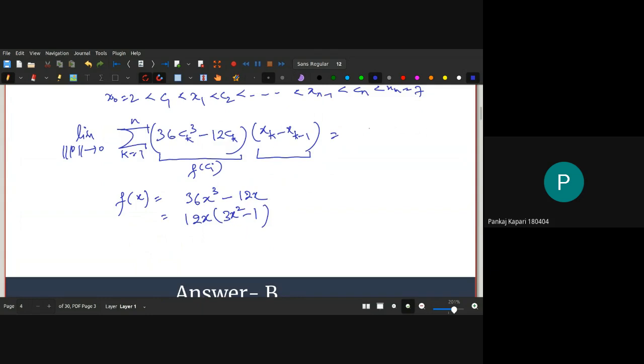Now you can see that this is a continuous function, and continuous functions are always integrable. It is also a bounded function, continuous on the interval [2, 7], and therefore this function is integrable.